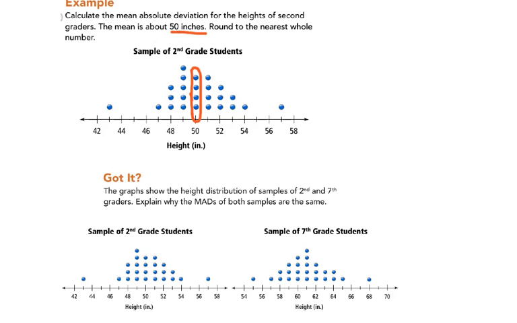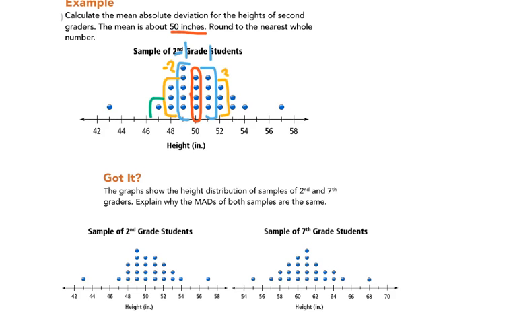So our second step is to find the deviations. I'm going to say that these are 1 away from the mean in a negative direction. These are 1 away in a positive direction. From the mean, these are 2 away in the negative, and these are 2 away in the positive.